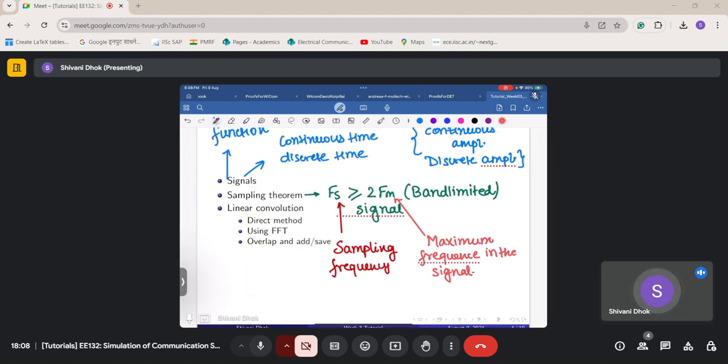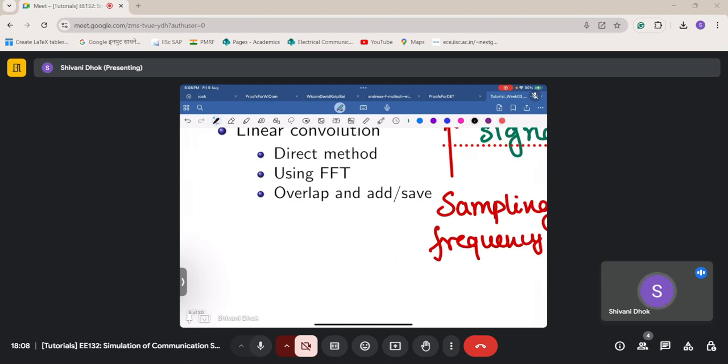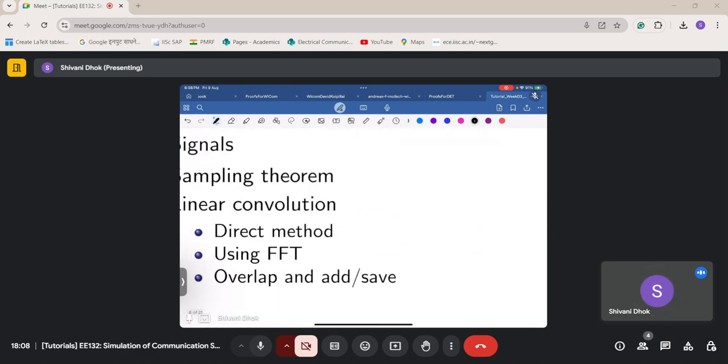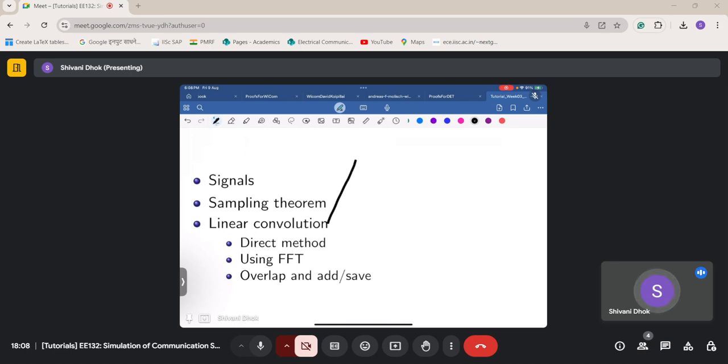After that, we looked at linear convolution and what is the significance of this linear convolution.